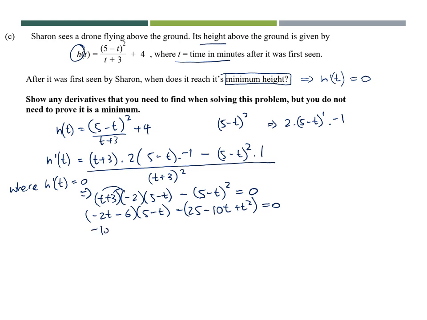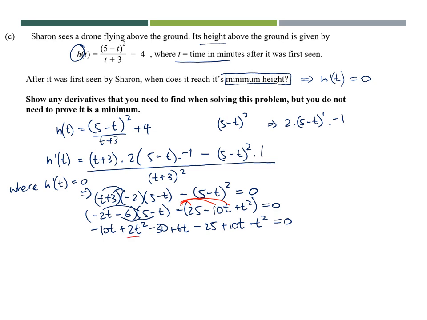It's going to become negative 10t plus 2t squared minus 30, positive 6t, minus 25, adding on 10t, minus a t squared, and that all equals 0. That is because I've multiplied by that negative through there.